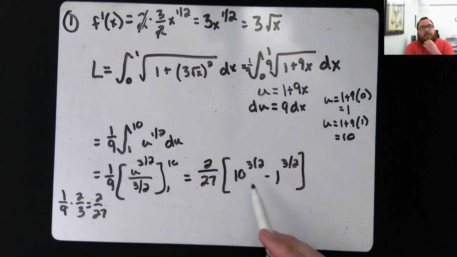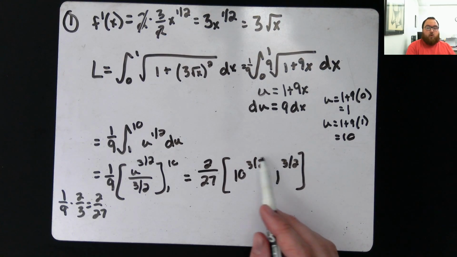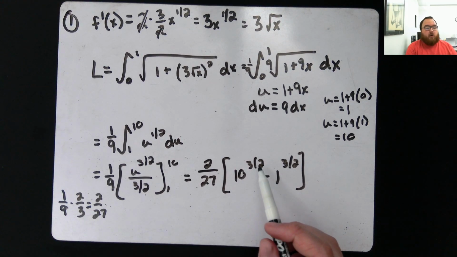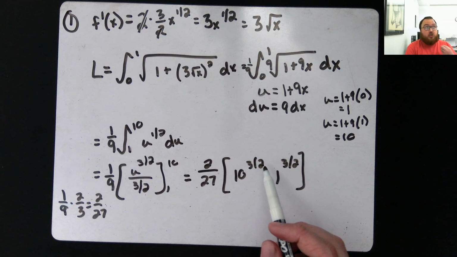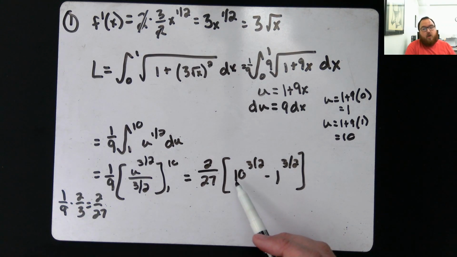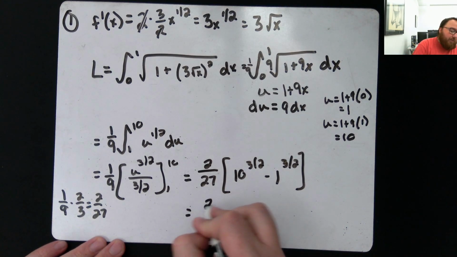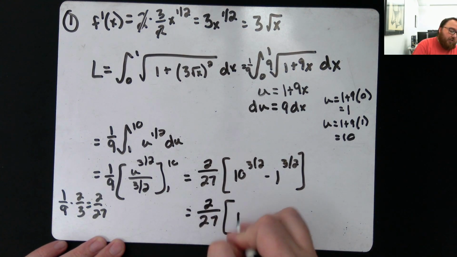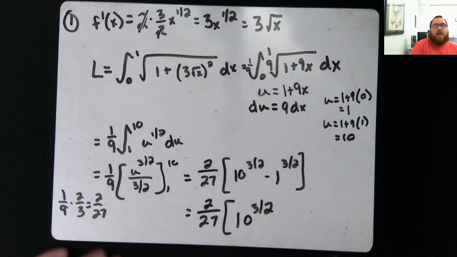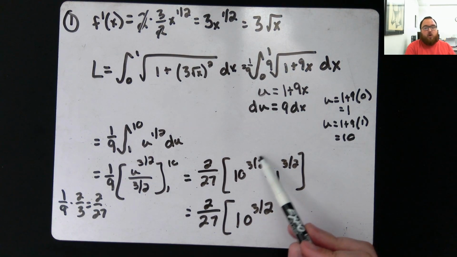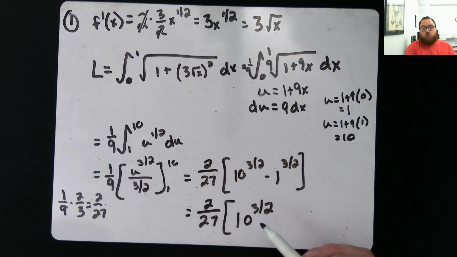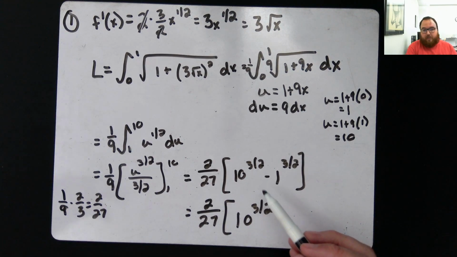Now remember I said that a power of 3/2 is like doing the square root first, but notice there is no rational square root of 10, so it's okay just to leave this here. You can just leave it as 10 to the 3/2. That's perfectly fine, because I would normally do the square root first, but there's no rational square root, so I'm just going to leave it here.